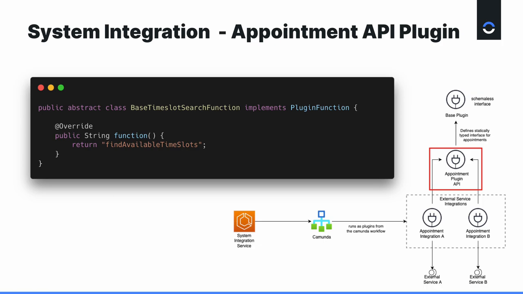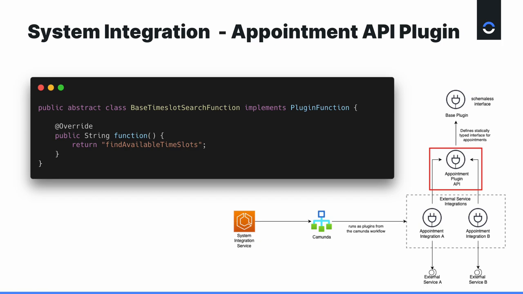So as I told you at the beginning, we know that in the appointment service, every external fiber operator will have to implement some specific functions, and every external fiber operator will have different implementations of these functions. So this is one of the functions, find available time slots.